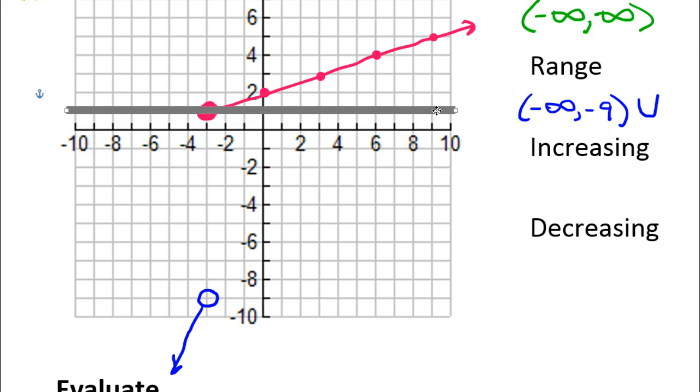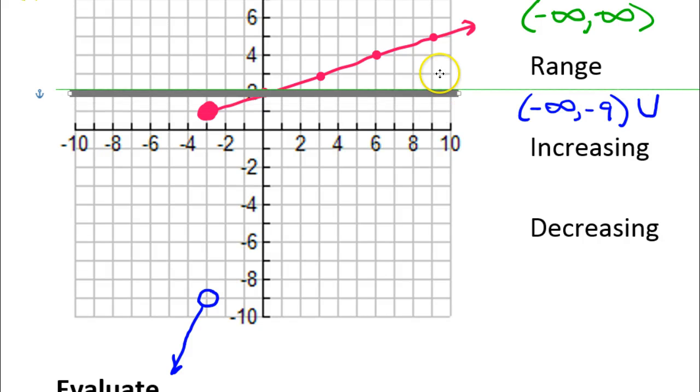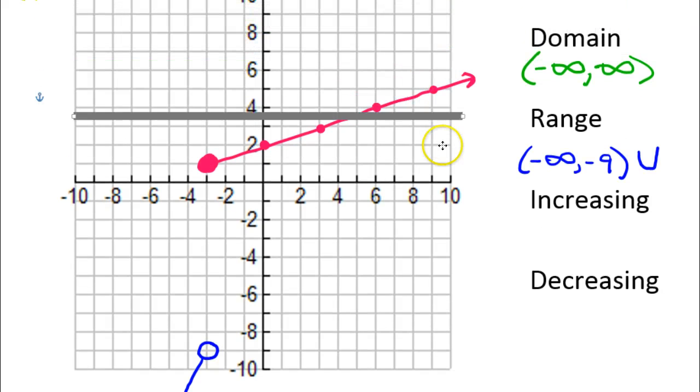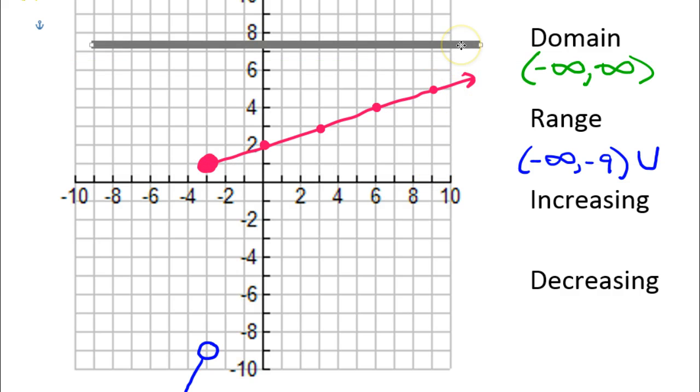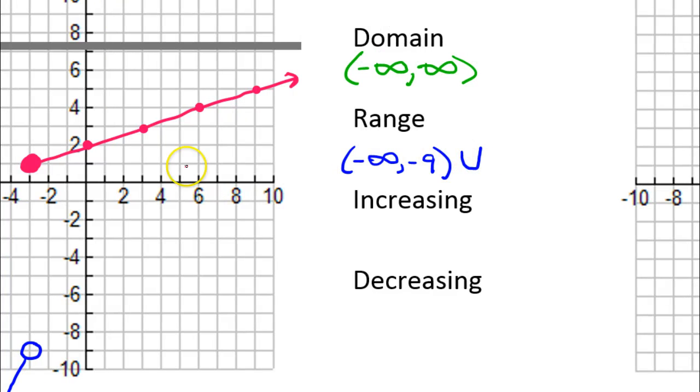So this pink part of the graph is going to go from 1 on up. Okay, so it's going to go from 1 to +infinity. And this is a closed circle, so I will include that 1 by making a bracket. So that's what the range would be for this graph.